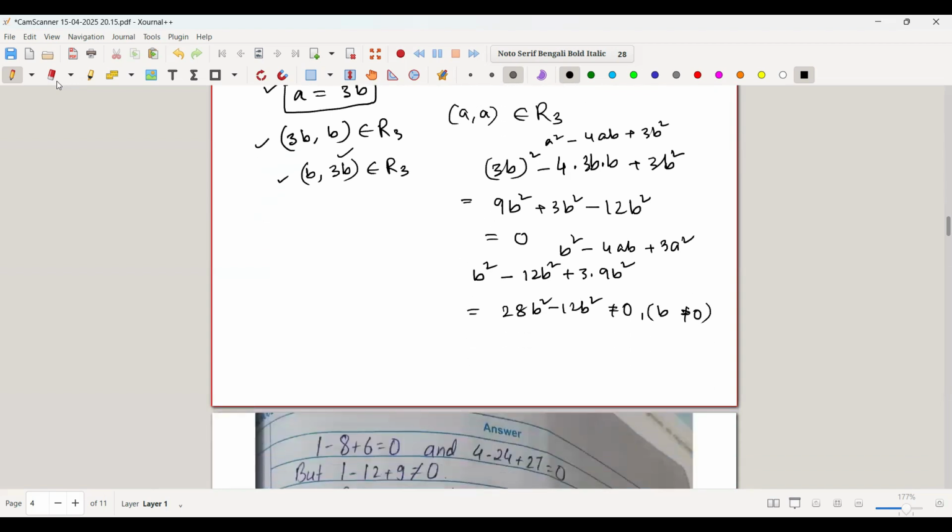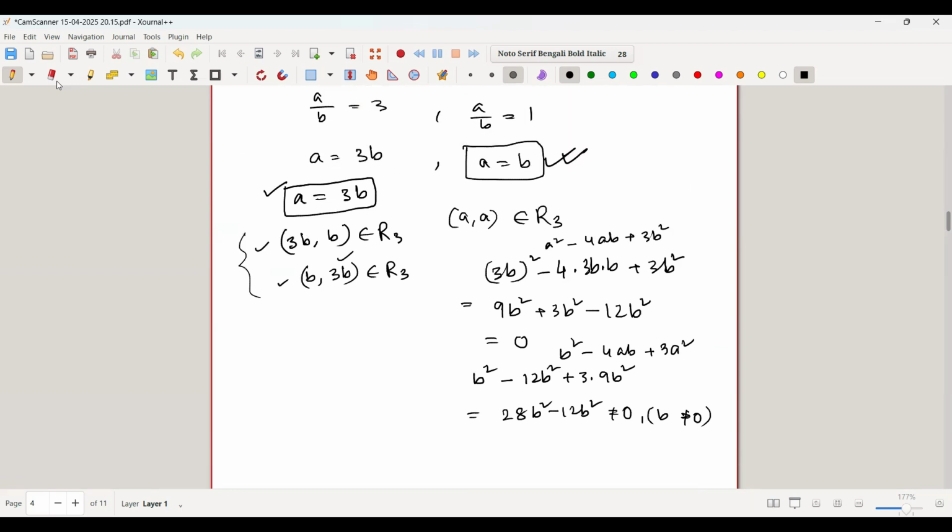So from here it is clear that it is not symmetric. The solution of this equation is A equal to 3B.